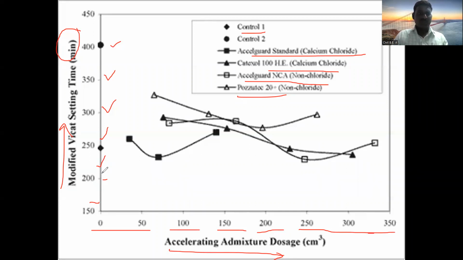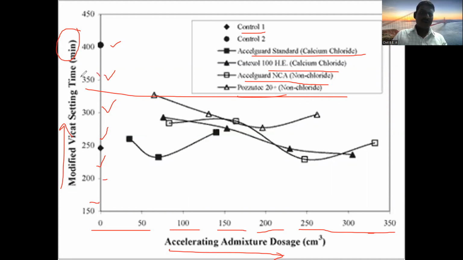If you see 200 minutes, 250, 300, so not more than 350 minutes. So what is 350 minutes in hours? 60 minutes means 1 hour, 120 means 2 hours, 180 means 3 hours, 240 means 4 hours, and 300 means 5 hours.